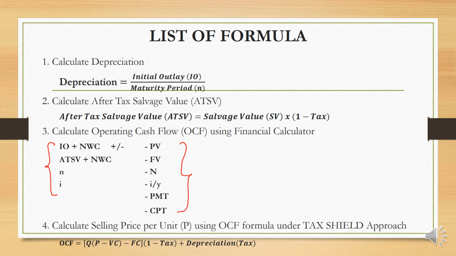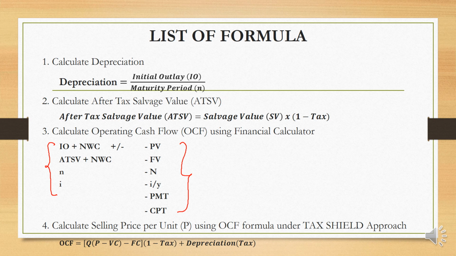And then for future value, the information that you need to know is ATSV, which is after-tax salvage value, plus net working capital. And then for N, the information that you will use is the maturity period. And for I/Y, the information that you need to know is the required rate of return.